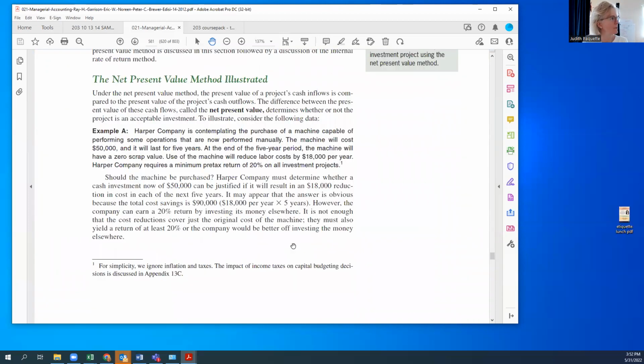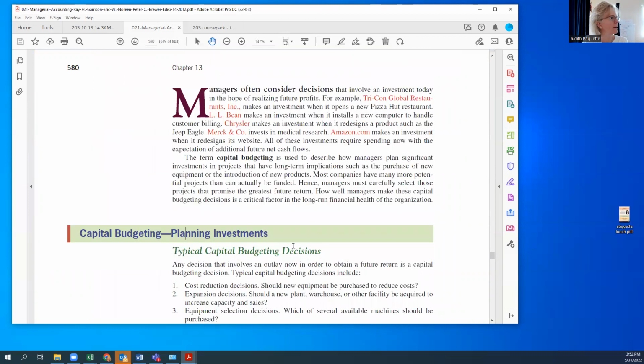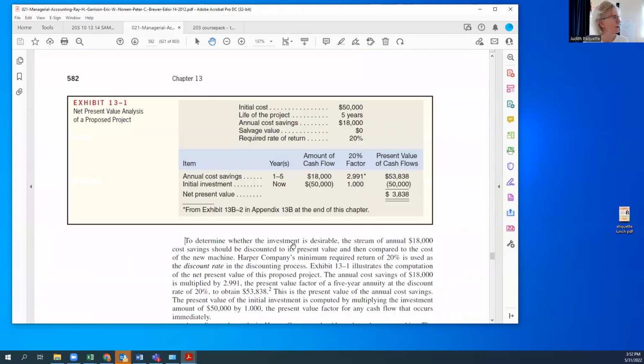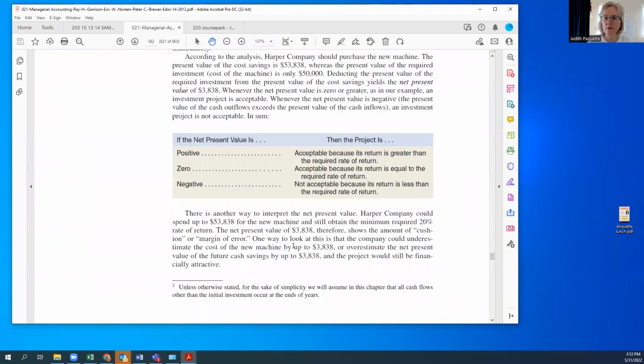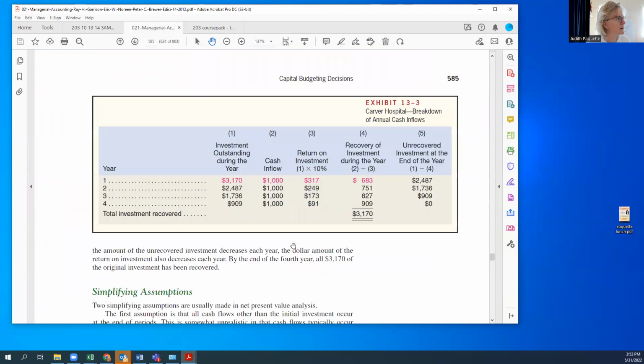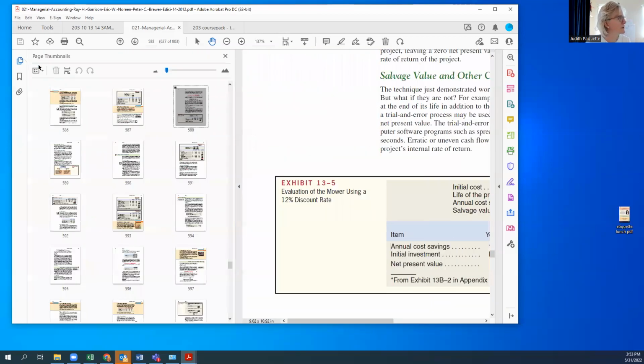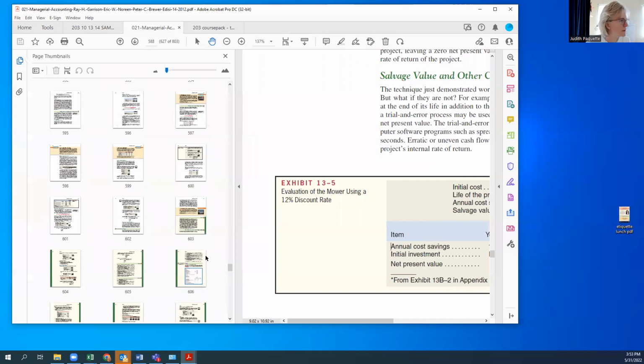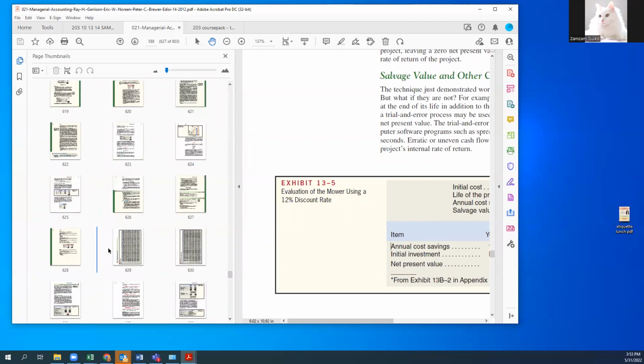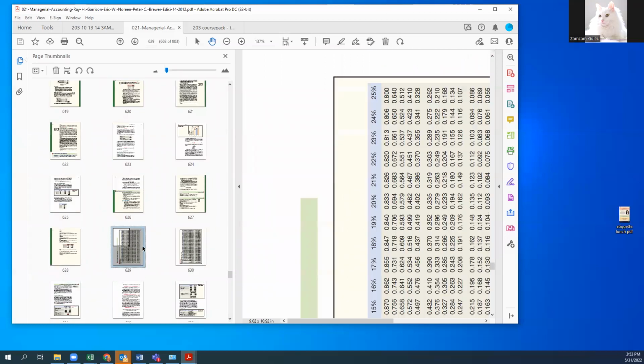I need the present value tables. Not gonna happen, not today. All right. Ah, here we go.